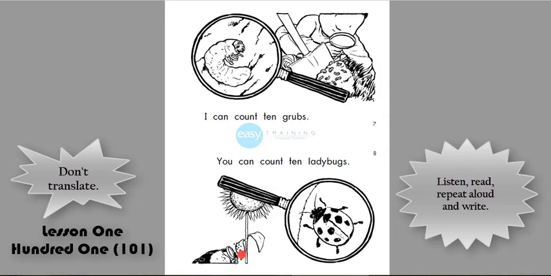They are too little, very little ladybugs. But the kid says that he or she can count 10 ladybugs. This is a ladybug. Ladybugs are really beautiful. I like ladybugs very much.